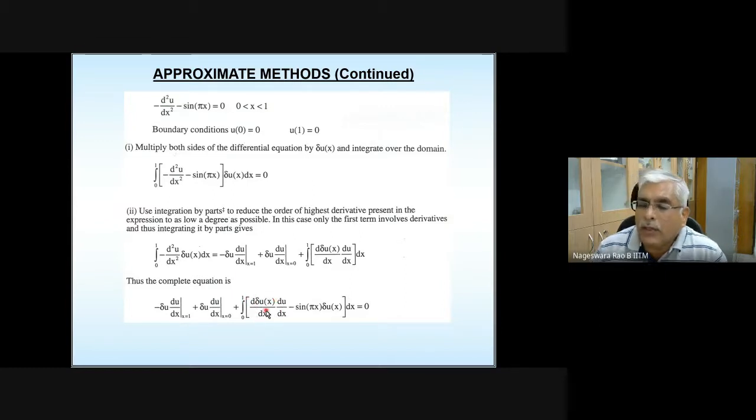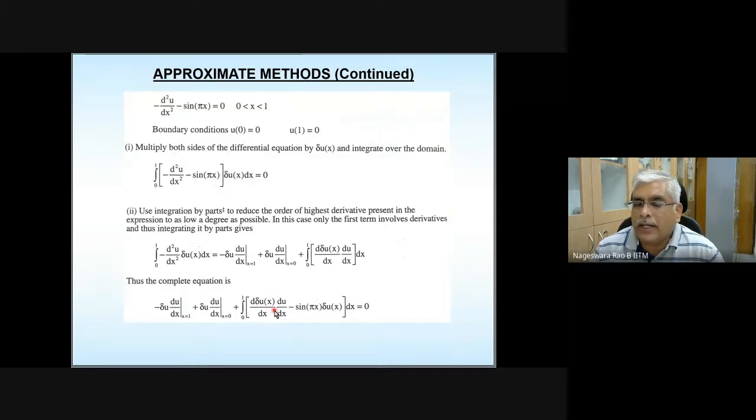And yesterday you noted one identity or one relation. You can make use of that here. What is that relation? Half of this quantity is nothing but half of the variation of the derivative of u with respect to x, whole square.